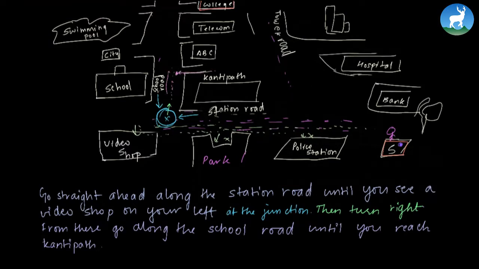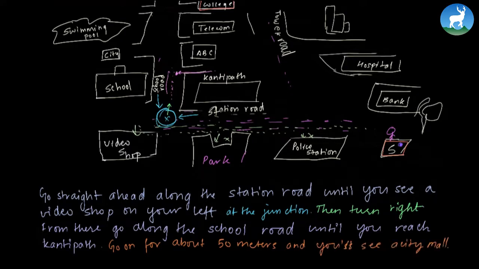So I'll write, go on for about 50 meters and you'll see a city mall. So I'm asking you to go further 50 meters until you'll see a city mall.